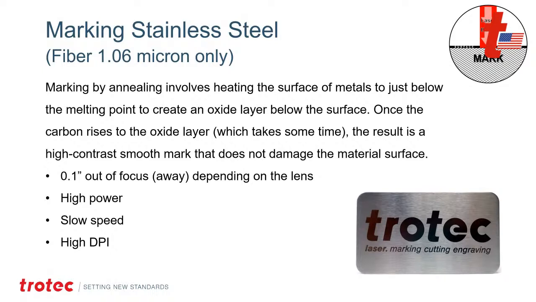I don't want the beam to be super sharp. When you take a laser beam out of focus, the beam becomes more dull or less sharp, if you will, and that actually produces more heat buildup in the material. So by taking it out of focus, running it at high power, slow speed, and a high DPI, we're able to achieve the annealing process.